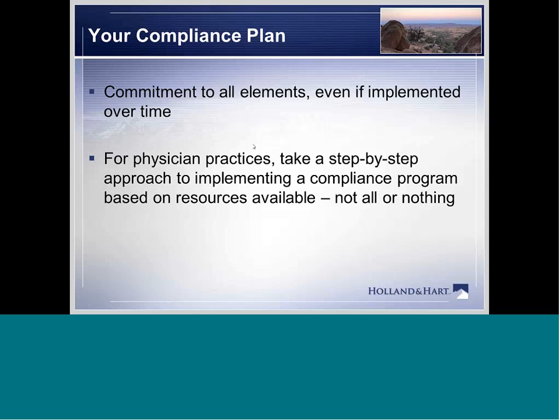That doesn't mean, especially if you're a small practice or a new organization just starting up, that you have to plan to have a compliance program on the scale of a regional healthcare system. It just means that you need to have something that is appropriate to ensure compliance in your organization.